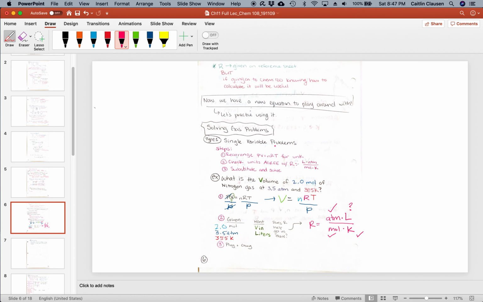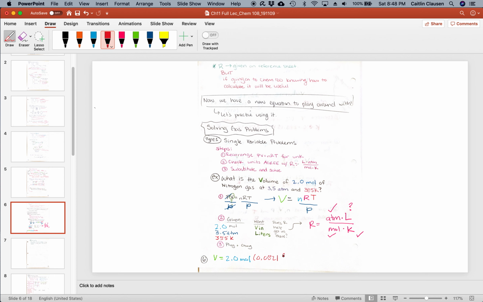We'll put everything into our rearranged equation so that I get the volume out. So I have volume is equal to 2.0. Please write the zeros, because remember these are trailing zeros and they are now significant. Times our gas constant, which we've calculated to be 0.0821.